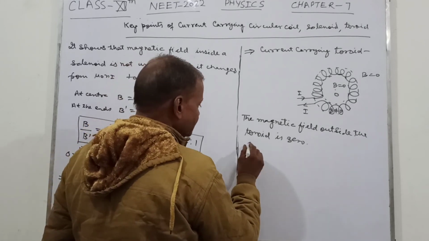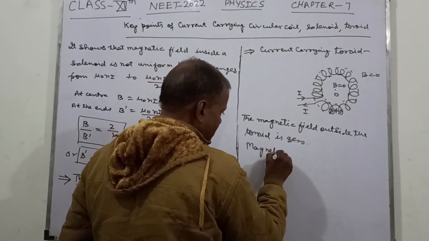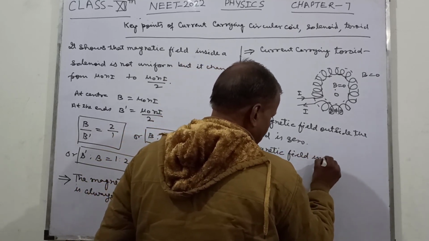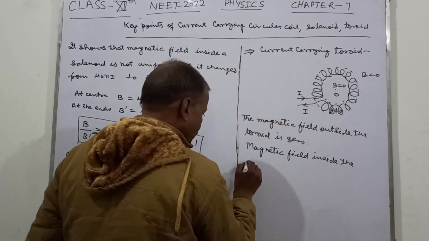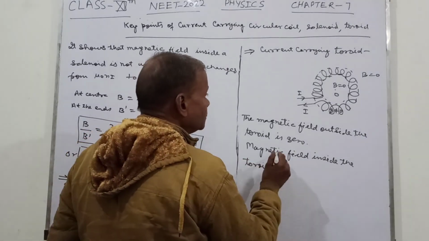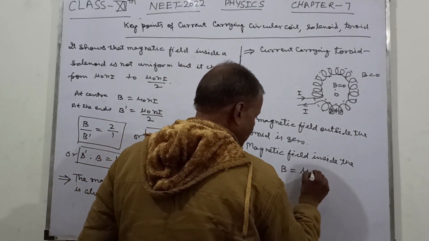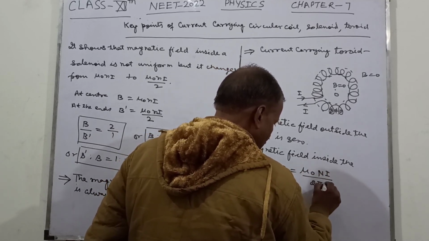Inside the toroid, the magnetic field B is equal to mu naught Ni upon 2 pi r.